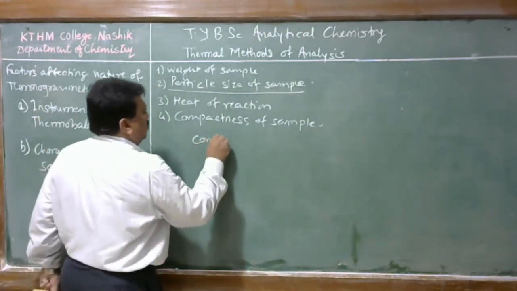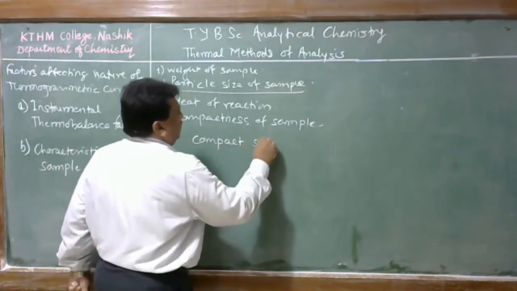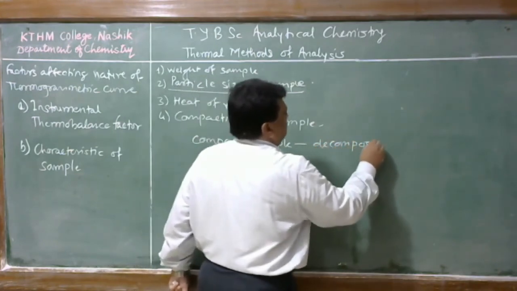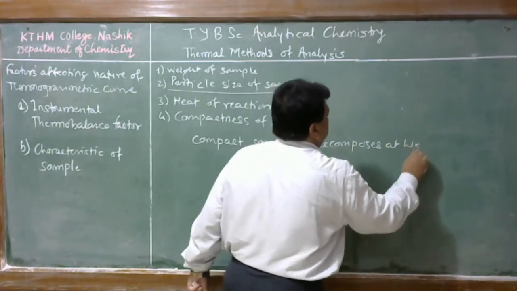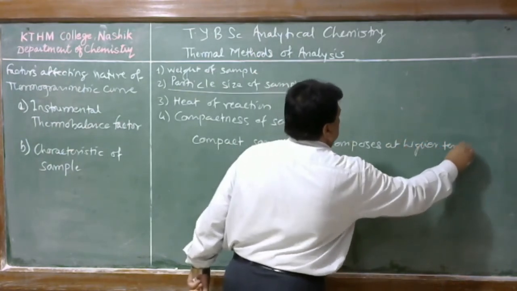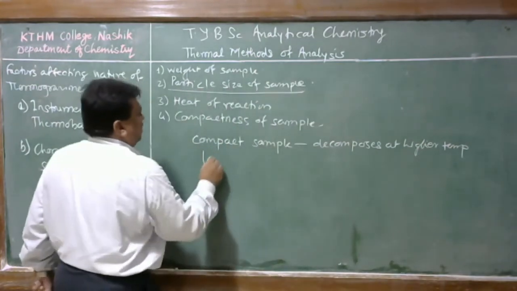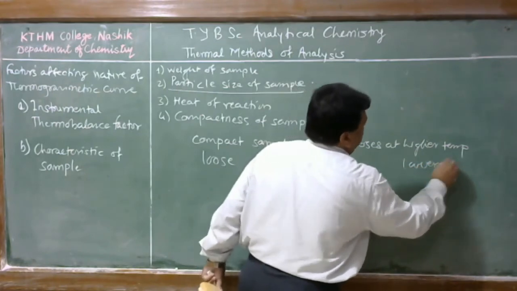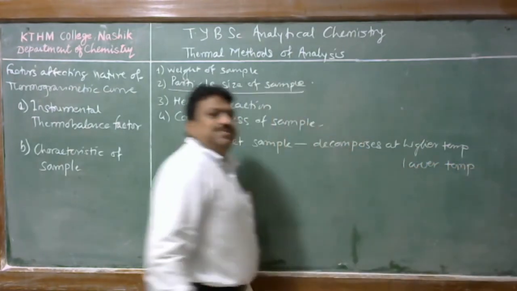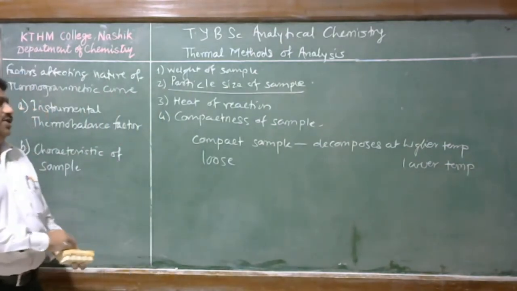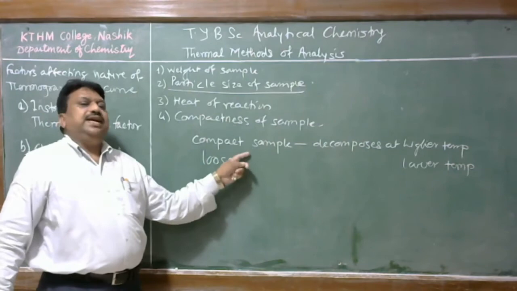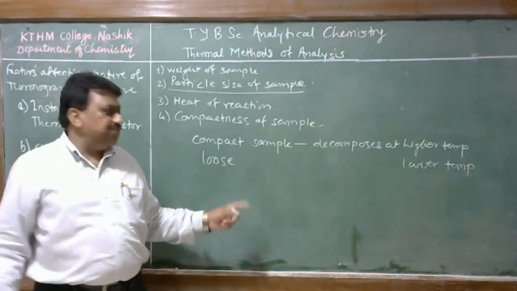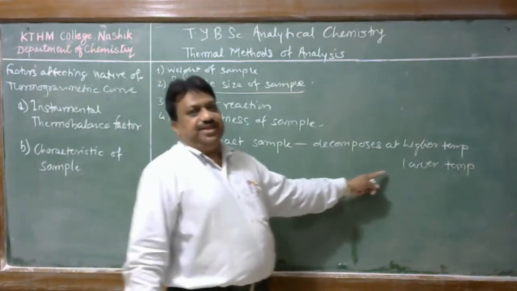And if it is a loose sample, it will decompose at a lower temperature. Therefore, in a compact sample, more heat energy is required to decompose the sample. And if it is in loose form, meaning a dispersed form, then the decomposition temperature is low.